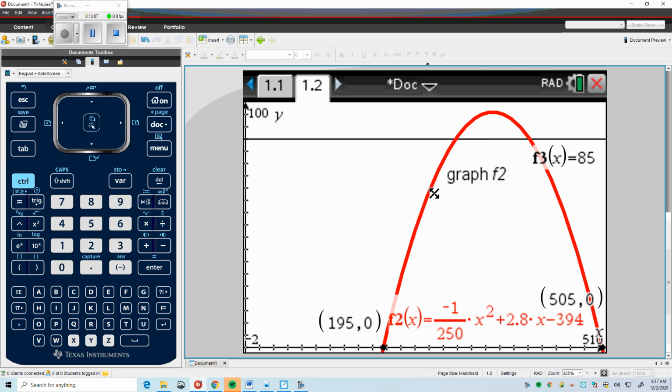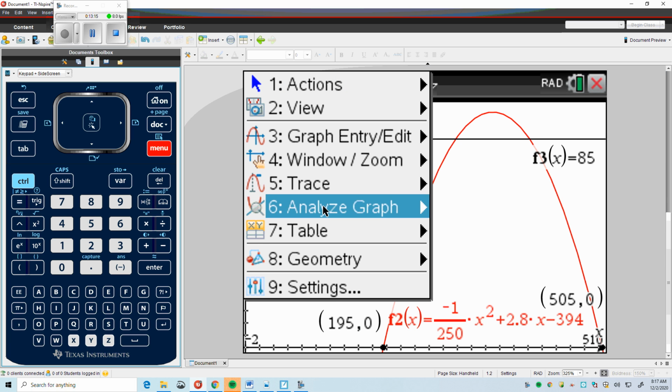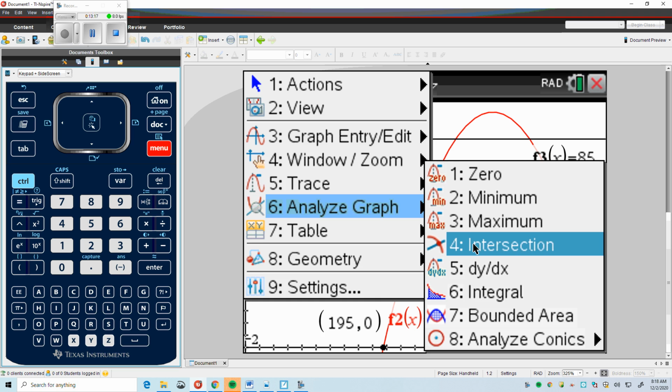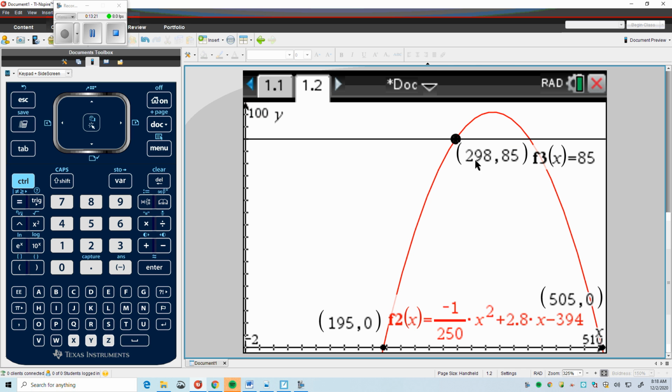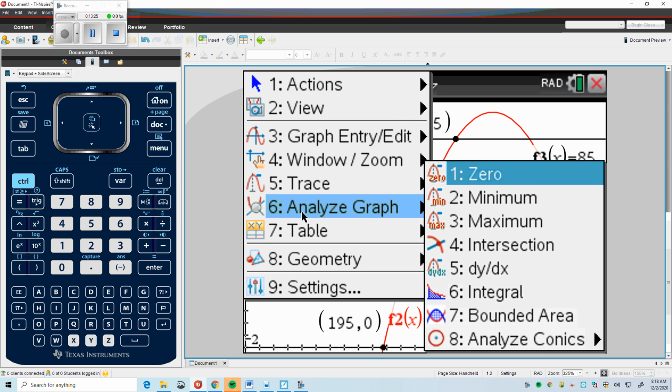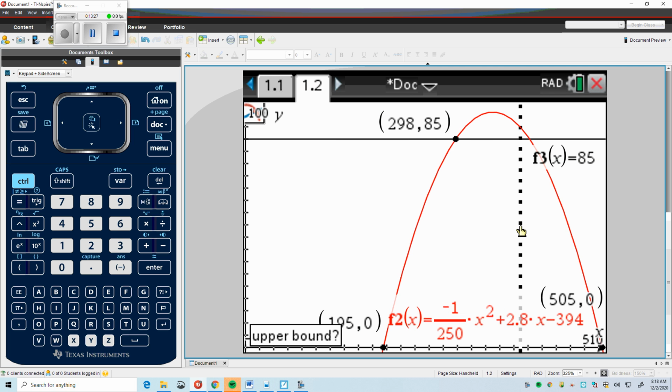Okay, so now what we need to do, if I were to solve this, we need to figure out where these two graphs are going to intersect. So we can go back to our menu, analyze graph, and our intersection. Okay, so we go lower bound, upper bound. Here's one point of intersection. I'm going to do that again. And here's our second point of intersection.